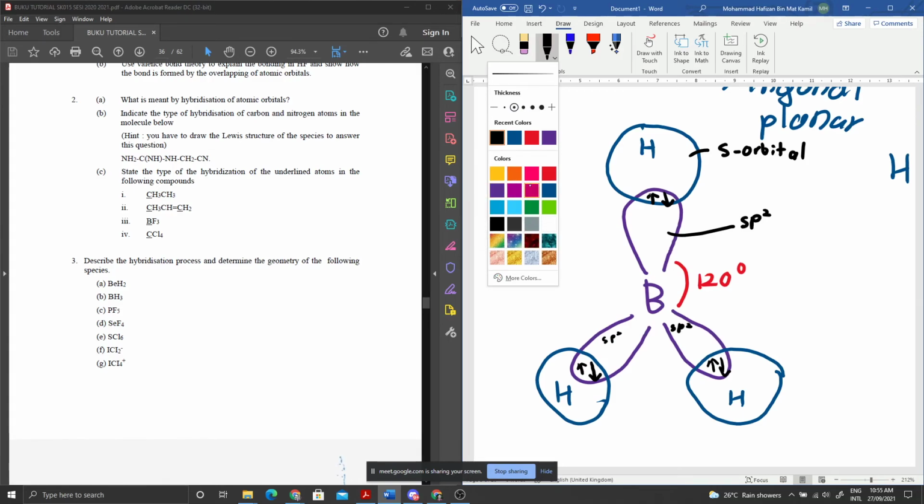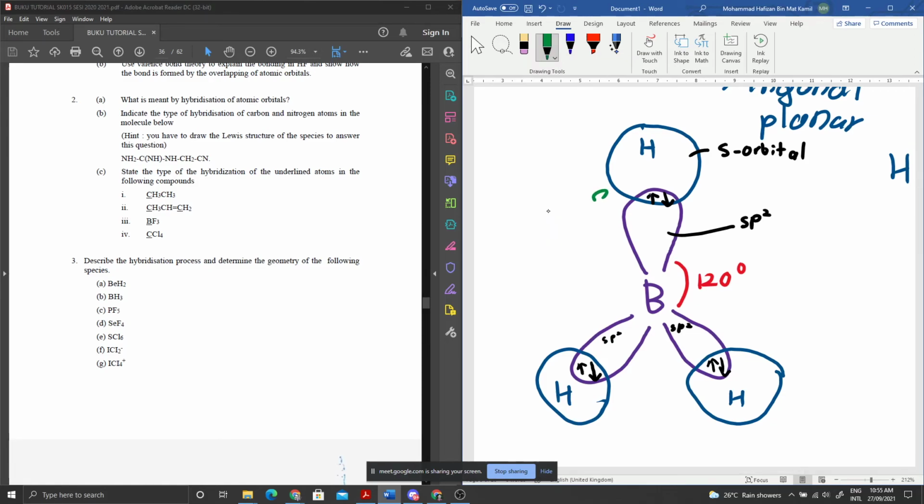So you also need to label the sigma bond. So what color? Hijau lah. So you draw, it is a sigma bond. This also sigma bond. This one is also sigma bond.